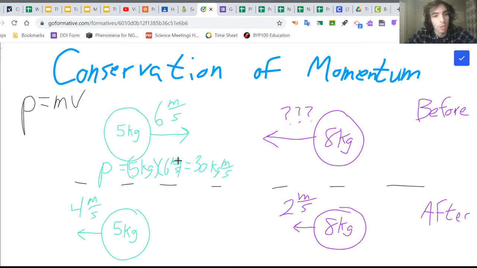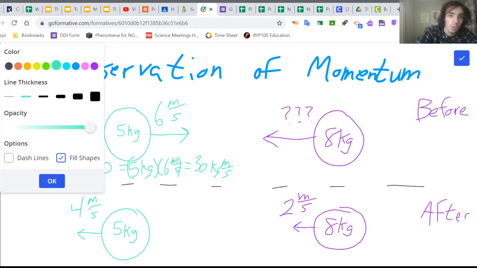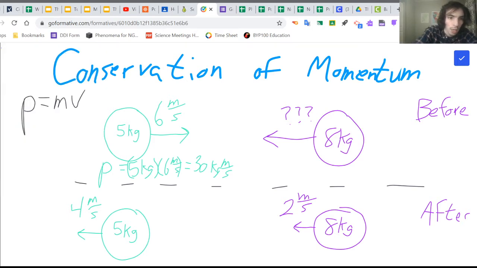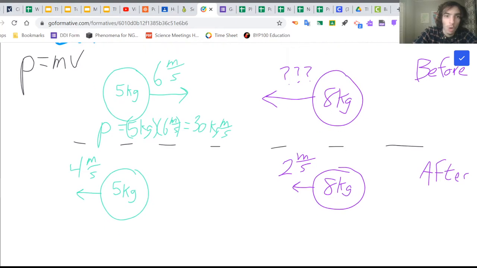There's no succinct name for it. Kilogram meters per second is the one. And then we can do the same thing for these other areas where we know mass and velocity. I'm not going to be able to calculate it yet for the purple object before the collision, because we don't know the velocity there, but we can do it for all of these other ones.